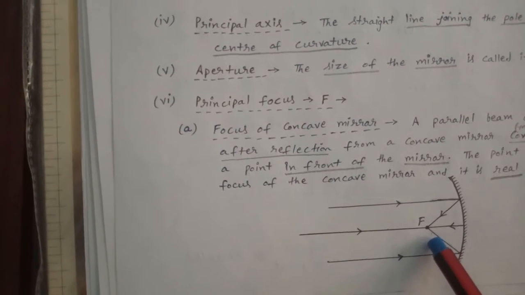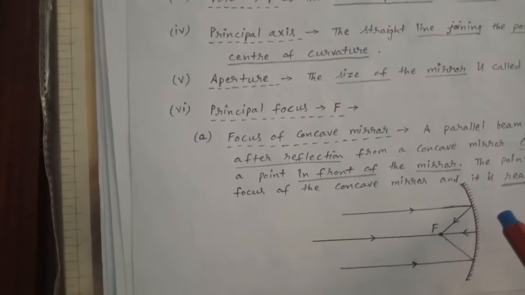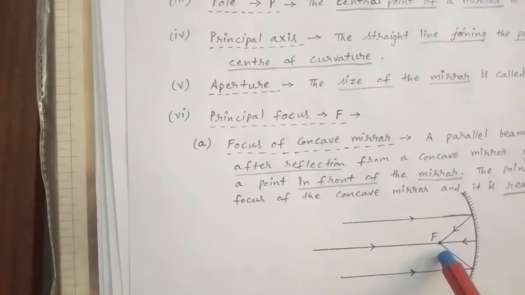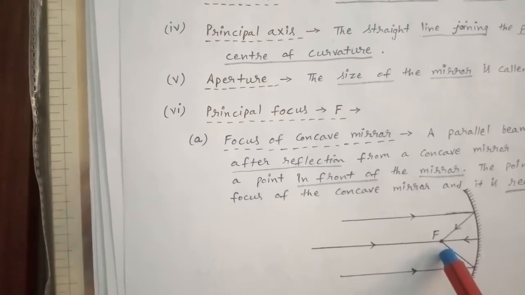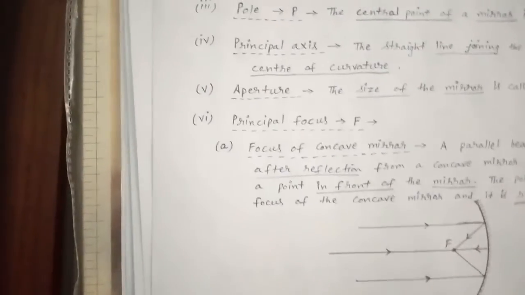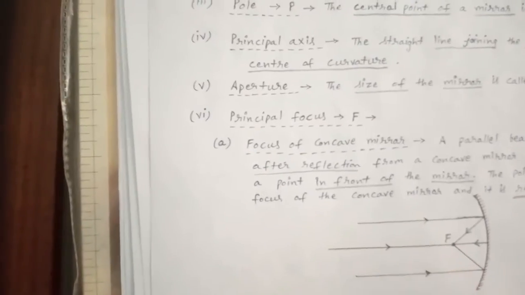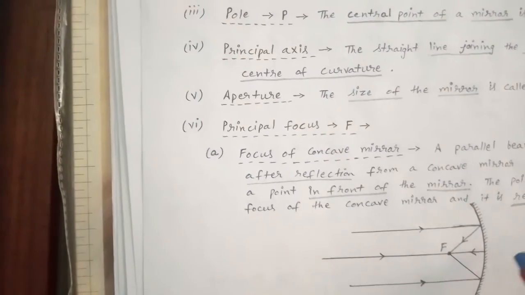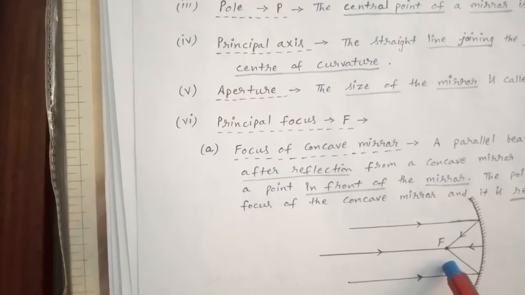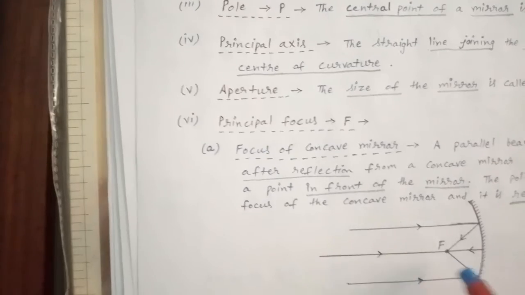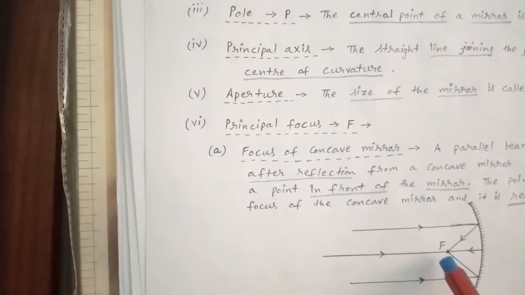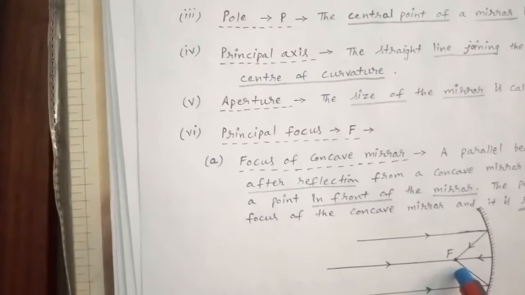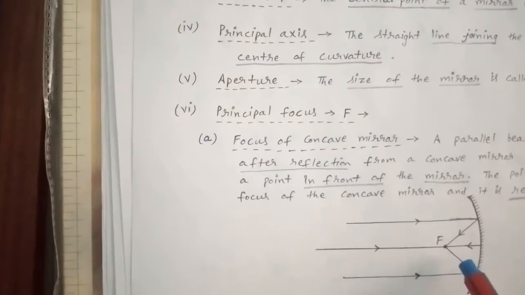That point where all the rays from infinity coming parallel to the principal axis converge is known as the focus. So we call this the principal focus. In case of a concave mirror, the rays from infinity come and meet at point F, that is the focus point. So they actually meet at this point, and the image made at this point F would be a real image.